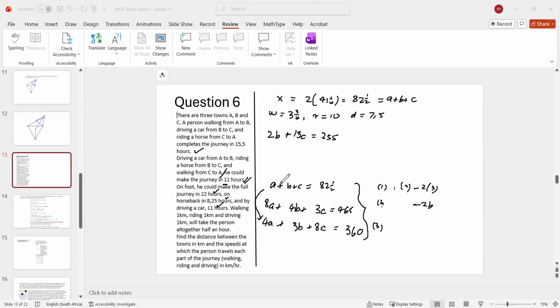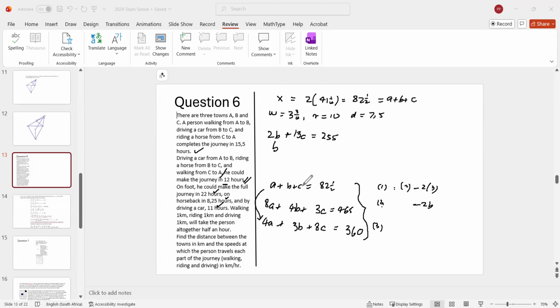Equation 3 minus 4 times equation 1. 4A minus 4A is 0. Okay, let's do it the other way. Multiply this by 4 and subtract. So you get 4B minus 3B. I don't like to work with negatives. So 4B minus 3B is B.